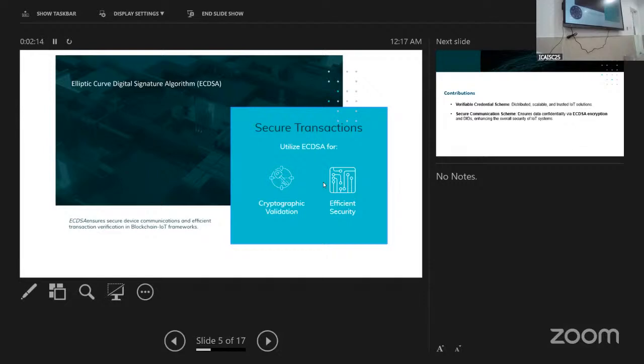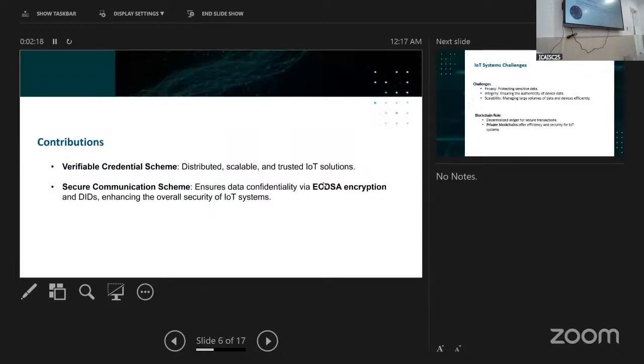It's going to be really useful for our work. So the contribution: we build a secure, distributed, scalable scheme using the DIDs and the elliptic curve digital signature algorithm encryption, which will lead to enhancing the overall IoT security.